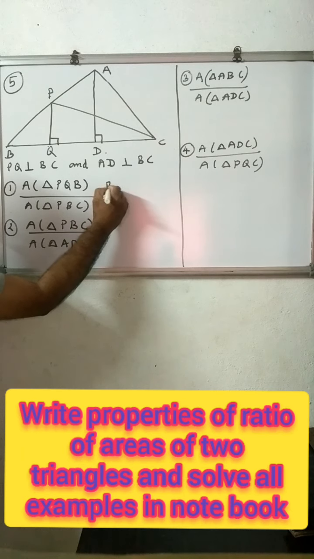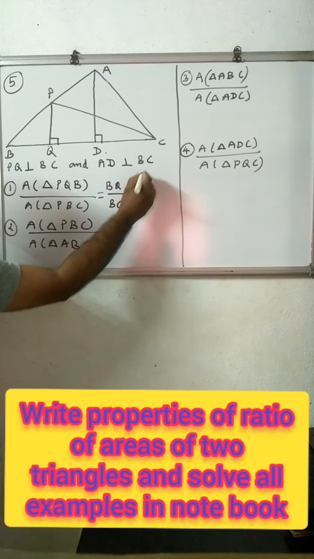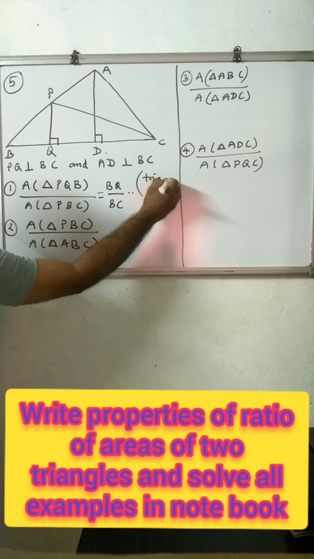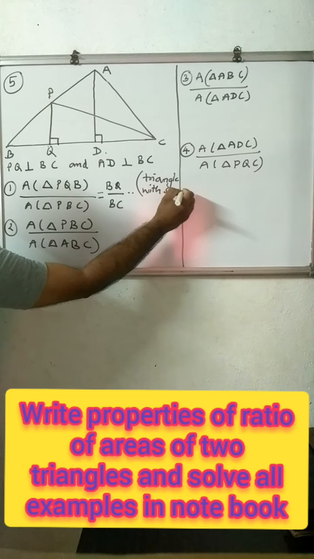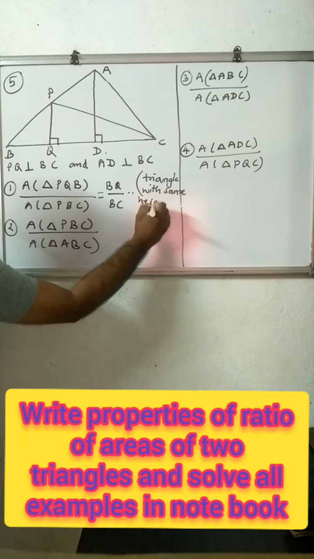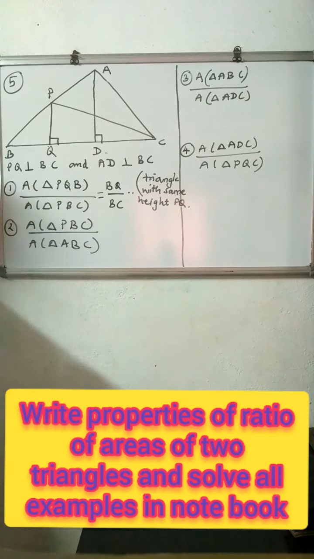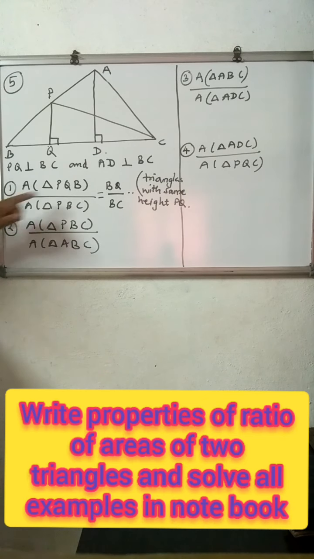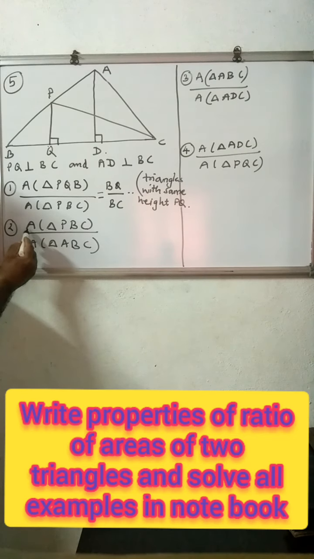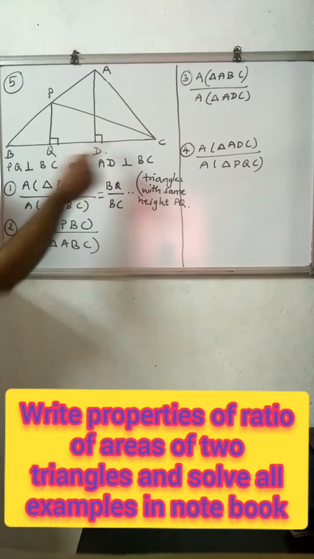So base BQ upon BC. Here triangles with same height PQ. These two triangles are having same height PQ. So ratio is equal to BQ upon BC. Second, find area triangle PBC upon area triangle ABC.